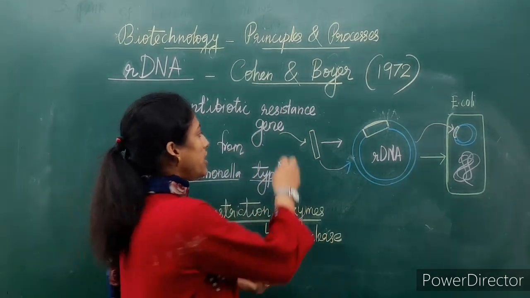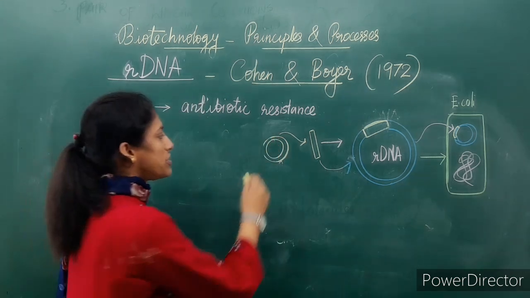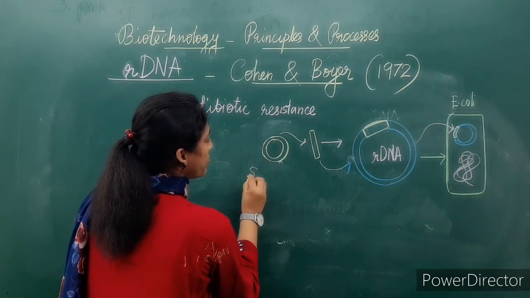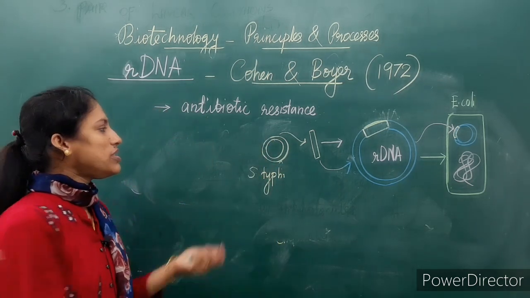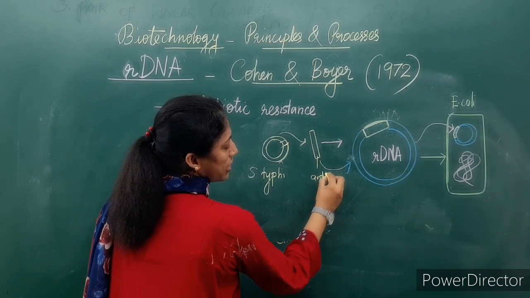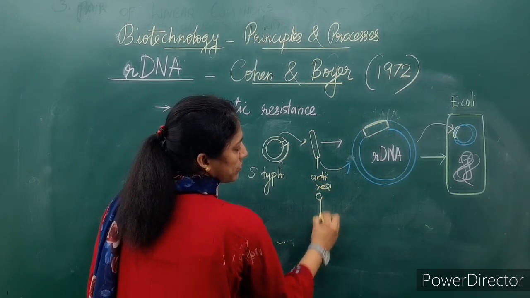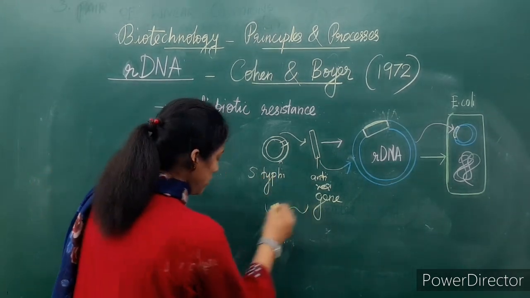So just familiarize certain terms here. First, it is the plasmid of Salmonella typhi. From this, what is taken? The antibiotic resistance gene is taken. How is it taken?